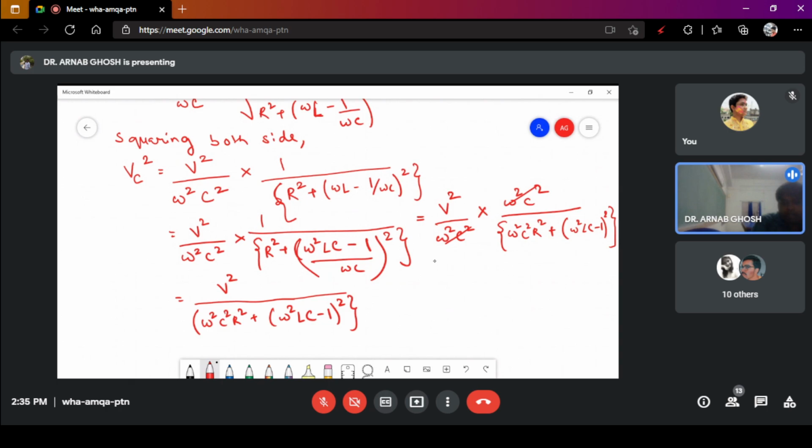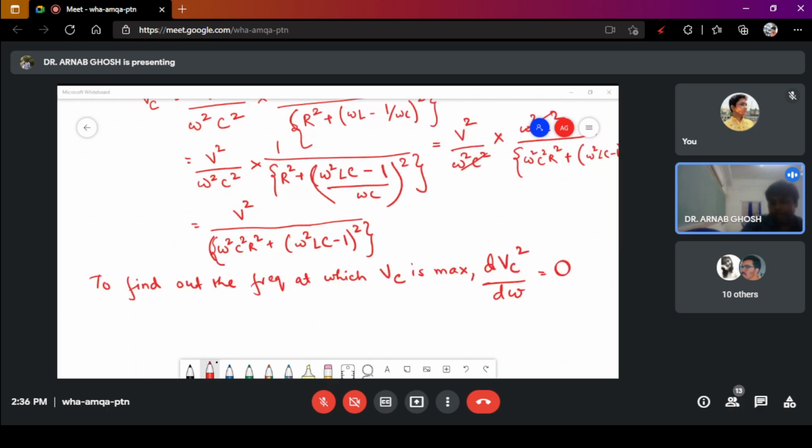You need to do d by d omega equal to 0. This is the concept of maxima and minima. dVc square by d omega will be equal to 0.